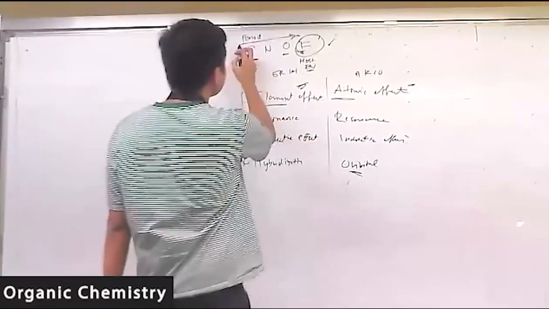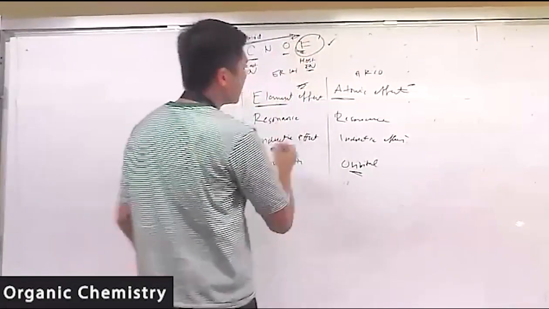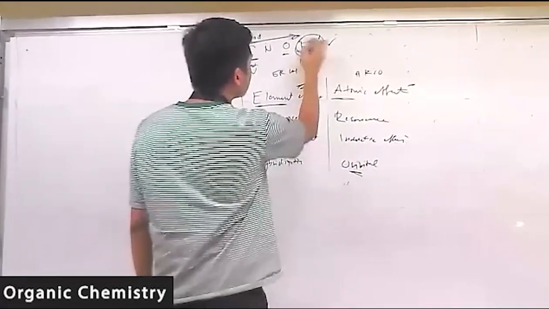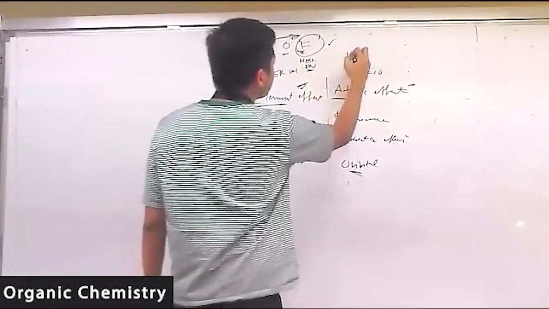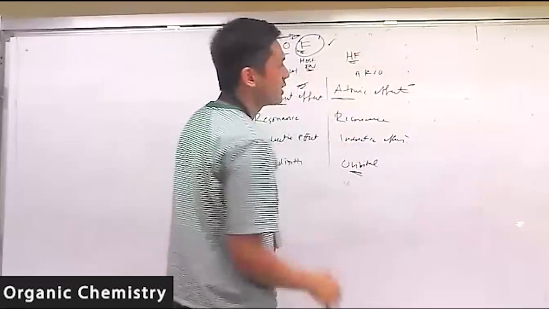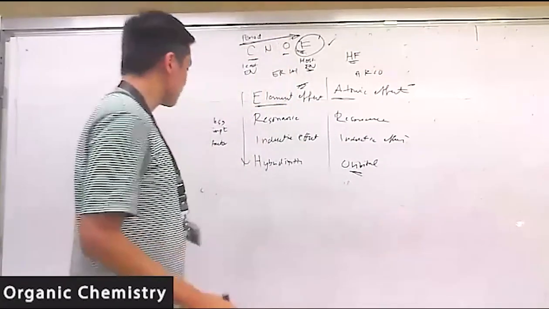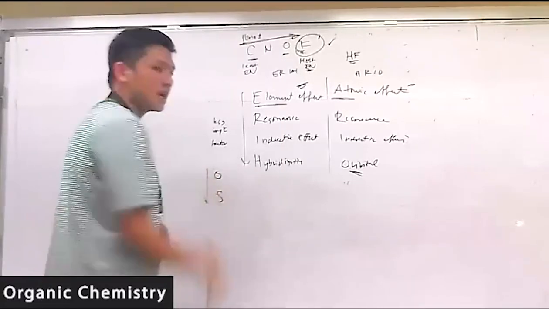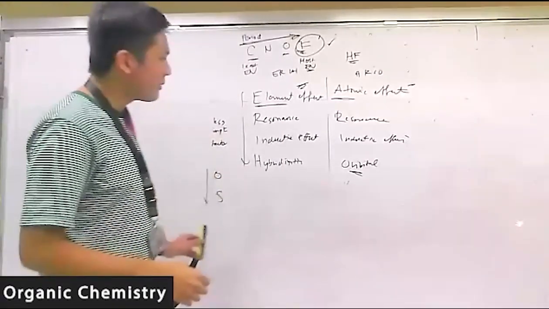So as I mentioned earlier, you are going across a period. If you look at your periodic table, rightward siya. So most electronegative, F, hence HF is more acidic. For B, which is the stronger acid? Clue, O and S. So pababa siya. You look at your periodic table, pababa ang trend.